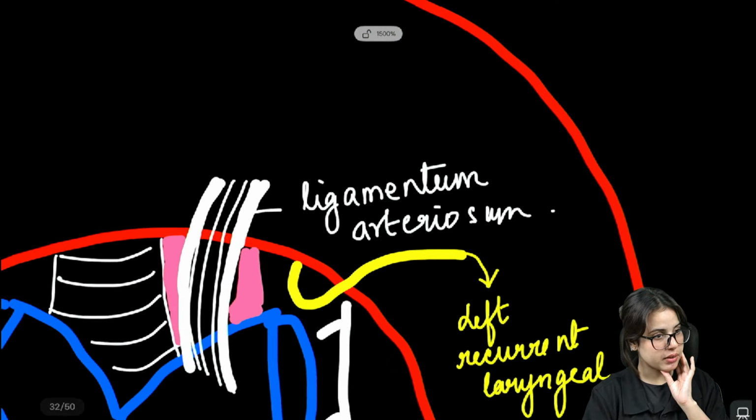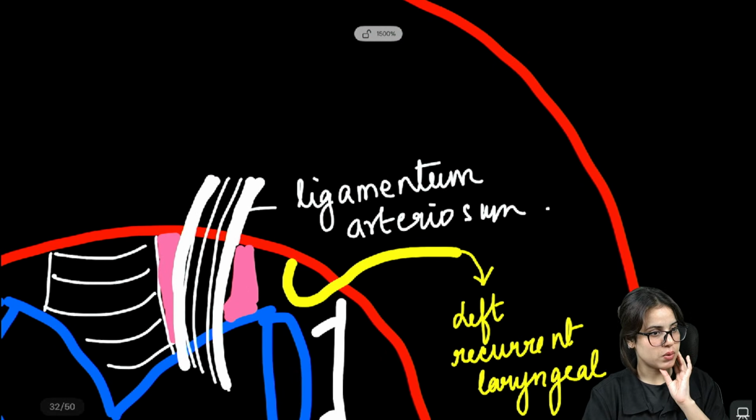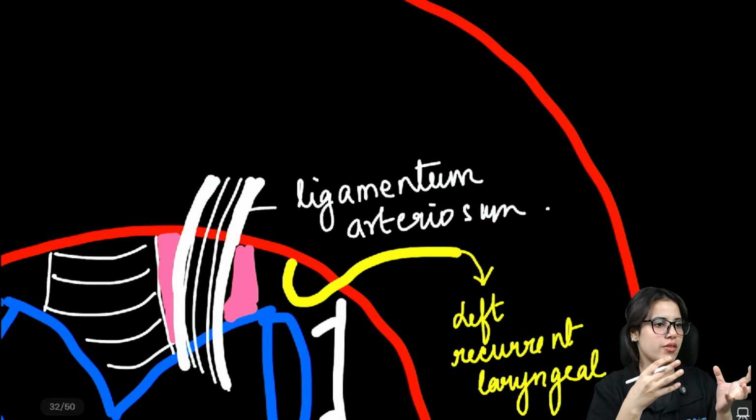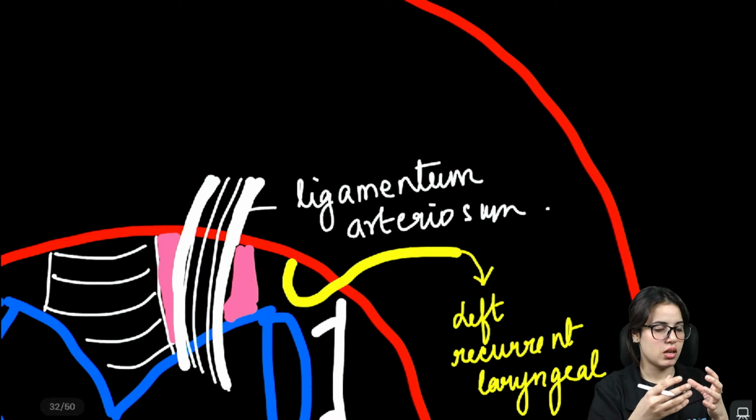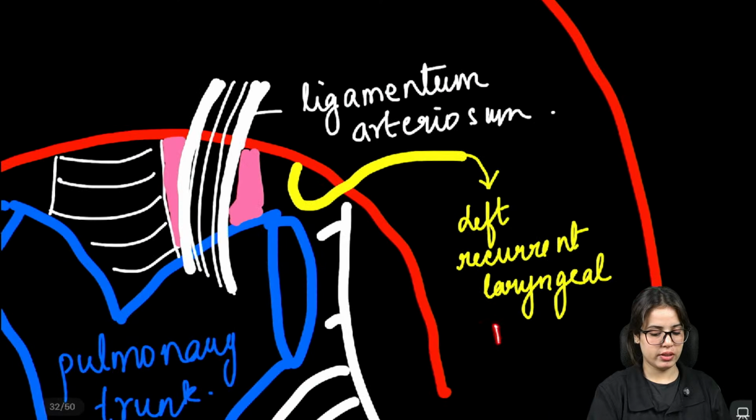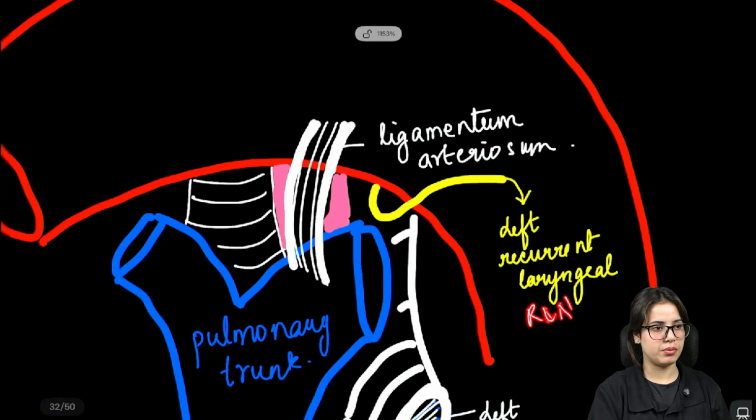Just beside the ligamentum arteriosum, the left recurrent laryngeal nerve loops. In case of aneurysm and all these things, it loops just beside it. This is very clinically important due to aneurysms. Left recurrent laryngeal nerve, RLN.